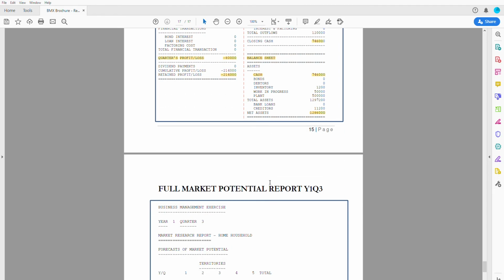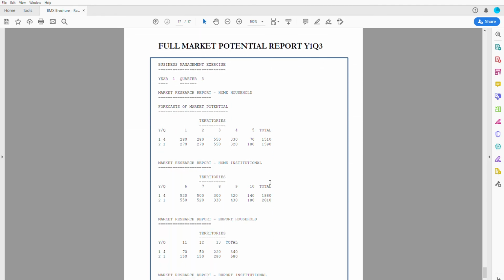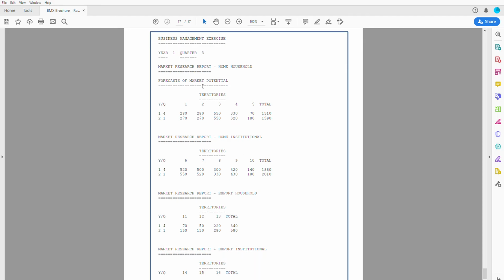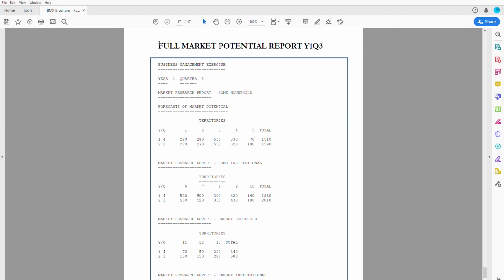Then the last thing I want to show you here, and this particular sheet I'm going to charge you £40,000 for, and you've got the information here. This information is up to date and real. What this is, is the full market report. It's giving us the market potentials for each of the 16 territories.